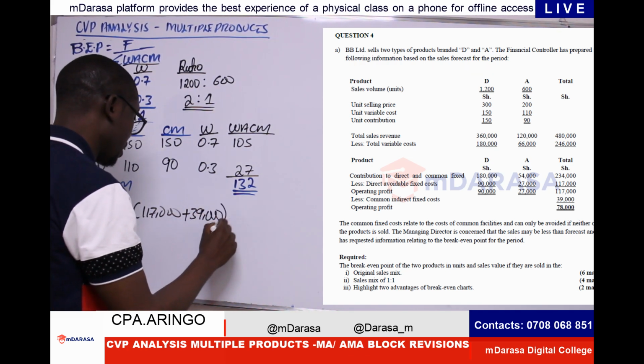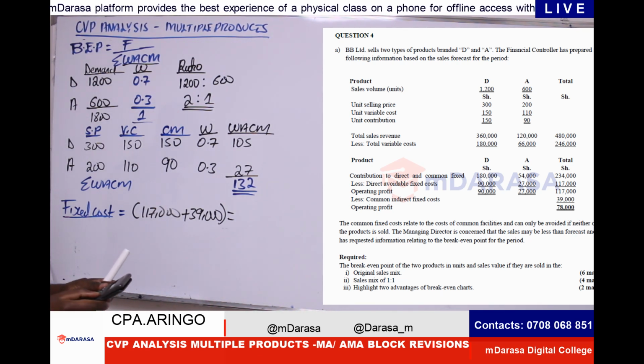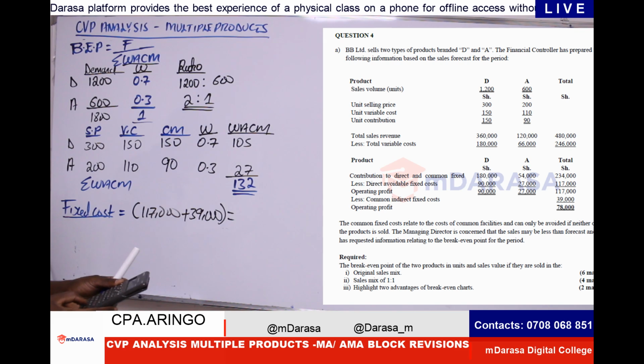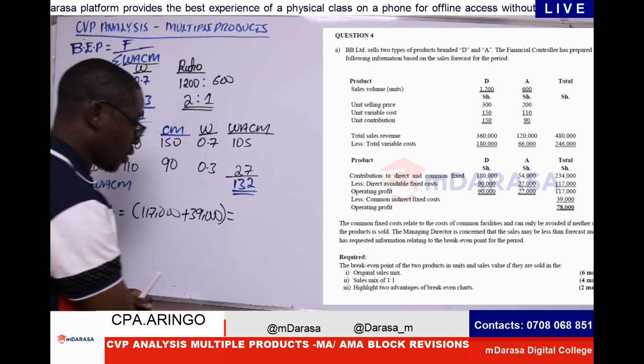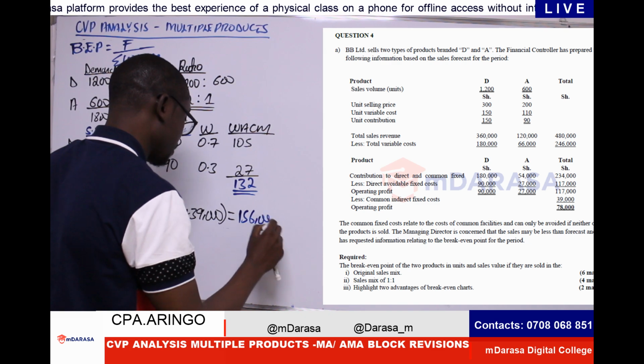So what will be our total fixed cost? We have 117 plus 39, which will give us how much? 117 plus 39 gives us 156, that's what Mwalimu is getting: 156,000.